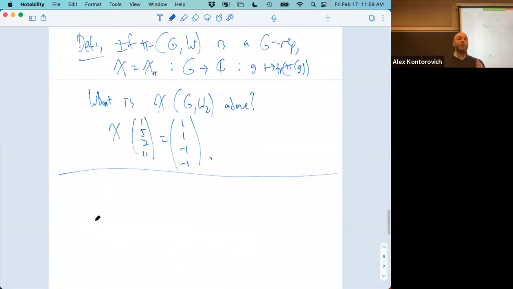You might have two representations be the same. When are two representations the same?